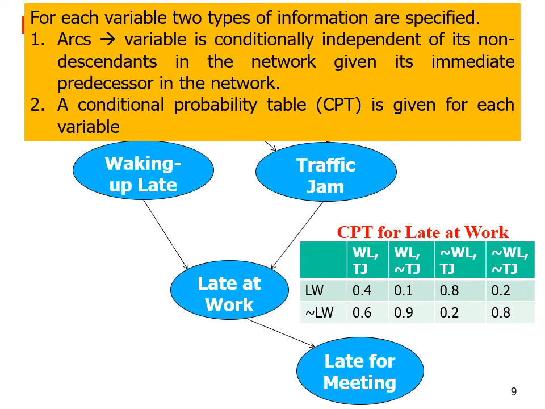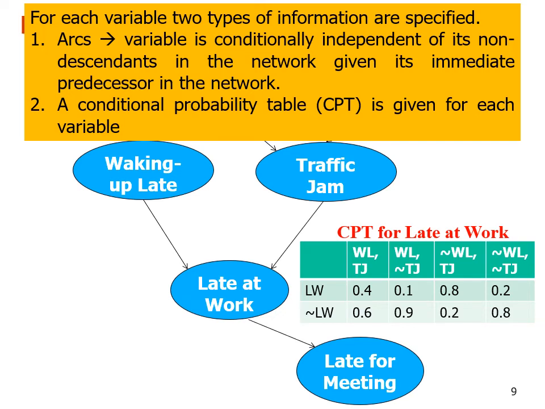Thus we have the combinations where WL is true and TJ is also true, WL is true but TJ is false, WL is false and TJ is true, and both WL and TJ are false.